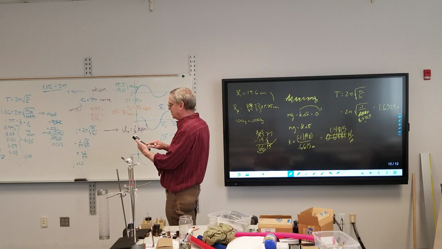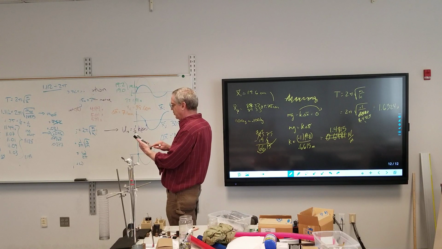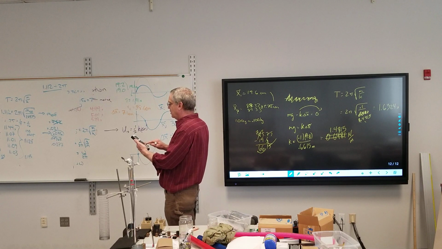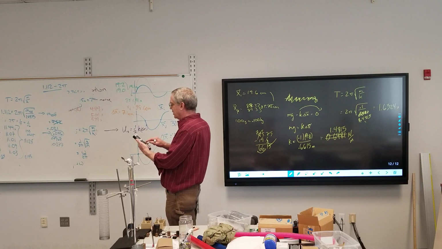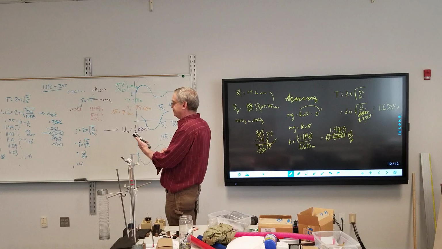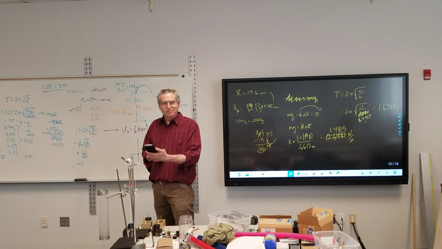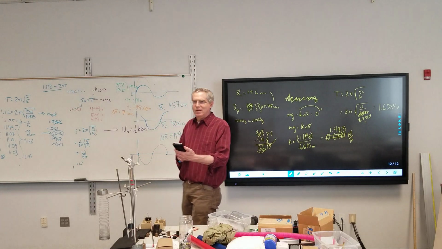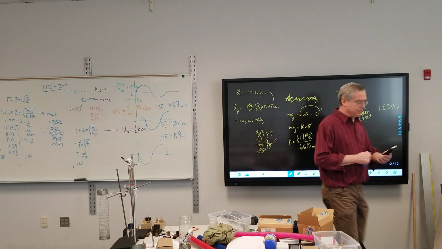Then I square that, and then I multiply times 1.4815. Oh, wrong calculator. Times 1.4815, I get 0.046. Finally. I will take your answer. I'll just go with that.